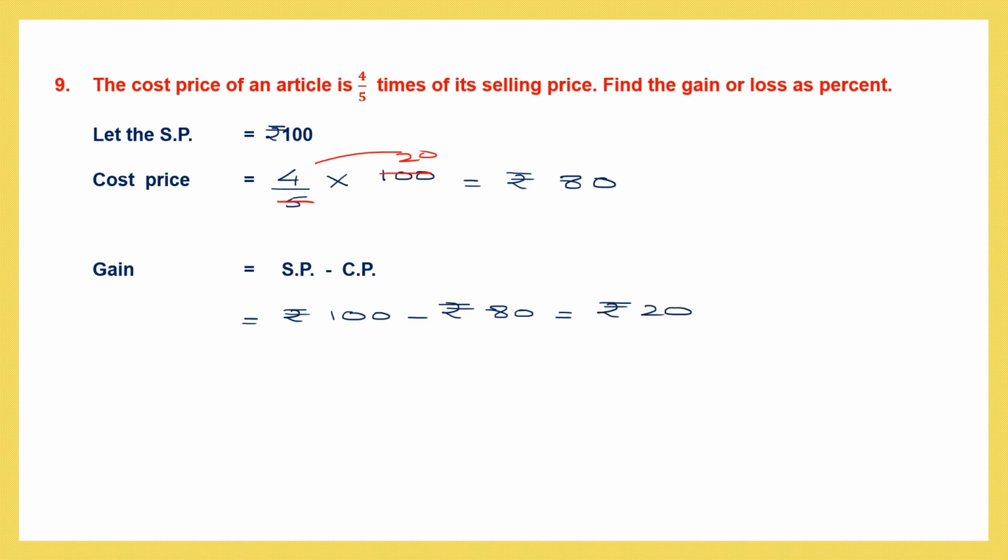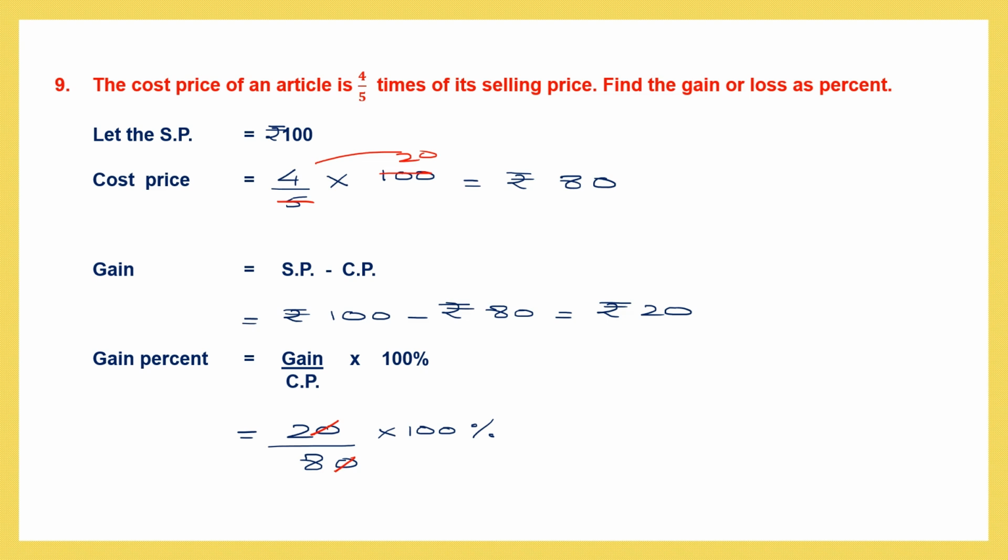Now we can find the gain percent by saying gain percent equals gain divided by cost price into 100%. So 20 rupees is a gain. Cost price is 80 rupees into 100%. Always we divide by the cost price. Okay, always it is by the cost price that we divide. Now here let's see what we can cancel. I can cancel this 0 and this 0.